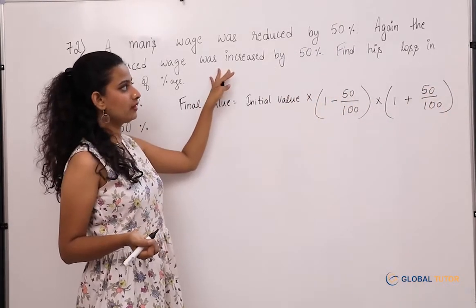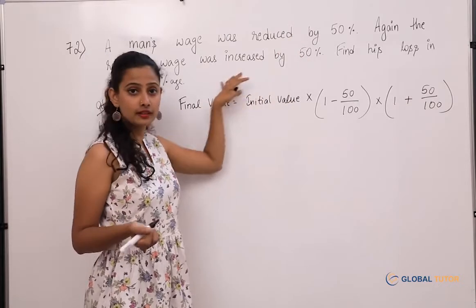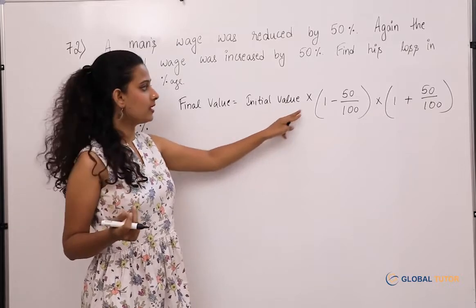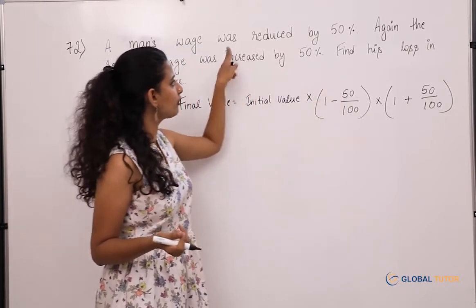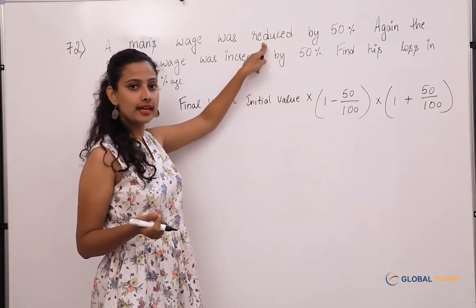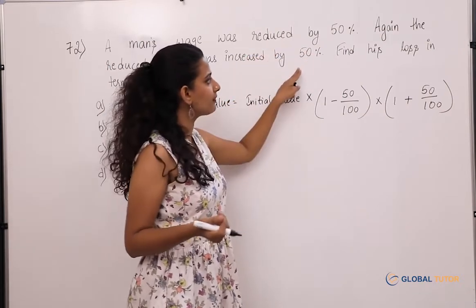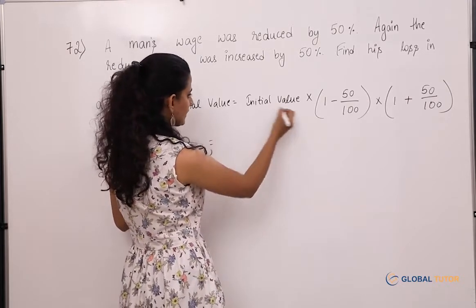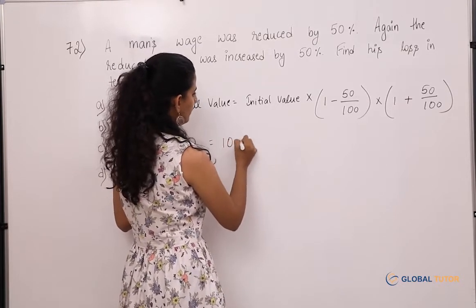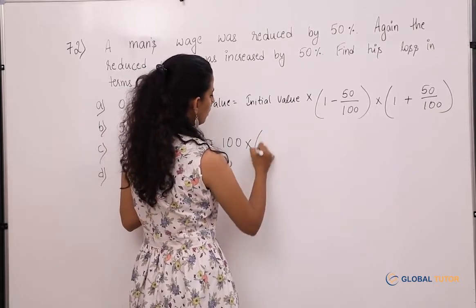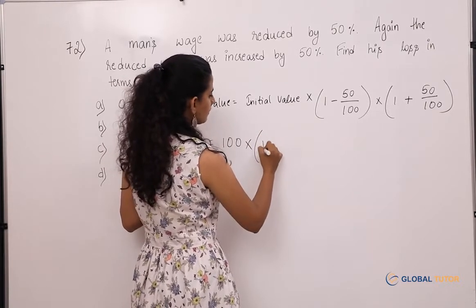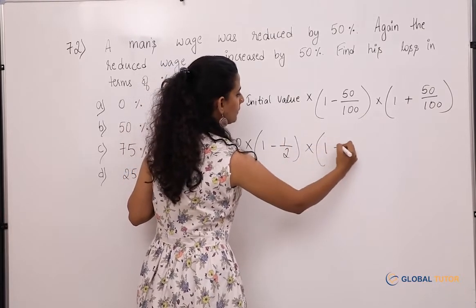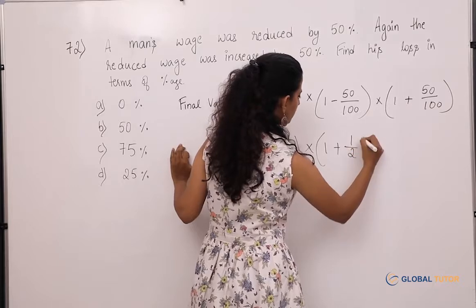Because in the question they have only given us the percentage and there is no value, we shall take the initial value as 100. And here we have taken 50 because they have mentioned the wage was reduced by 50% and increased by 50%. So I shall write this as initial value 100 into 1 minus 1 by 2 into 1 plus 1 by 2.